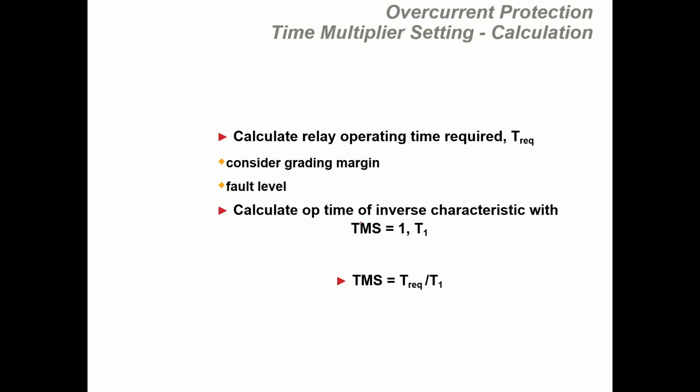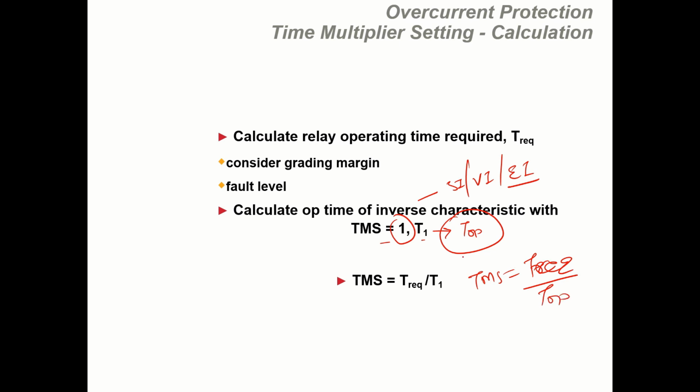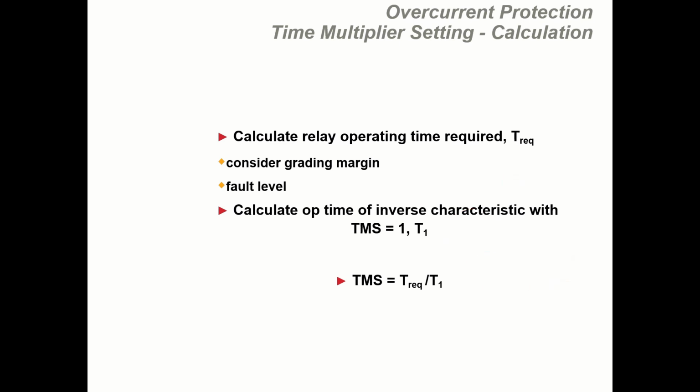Then we have to calculate the operating time of an inverse characteristic with TMS 1. This inverse characteristic can be standard inverse, very inverse, or extremely inverse. So keeping TMS equal to 1, we calculate the time of operation, and then the TMS will be the required time divided by the time of operation using TMS equal to 1.